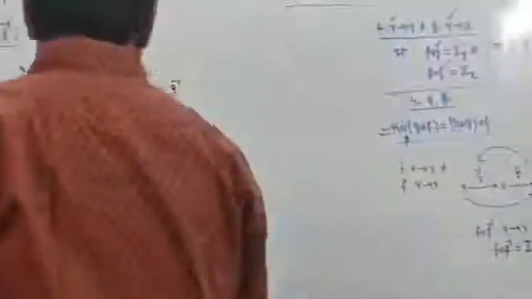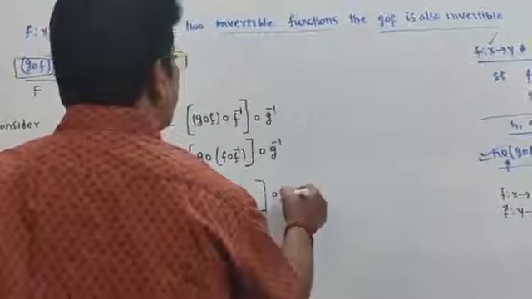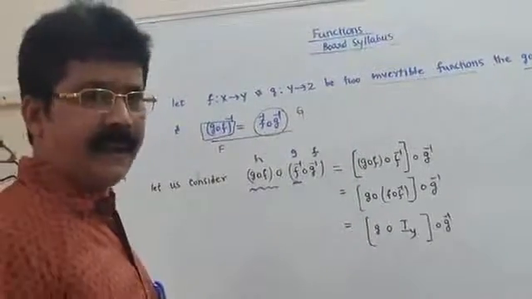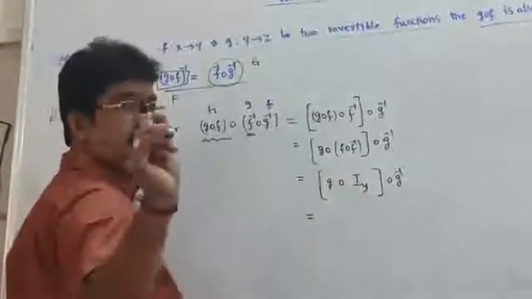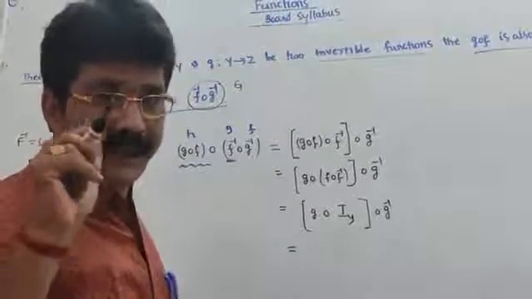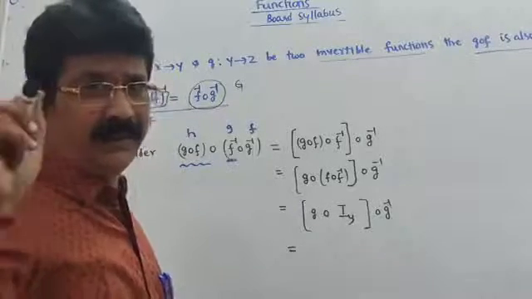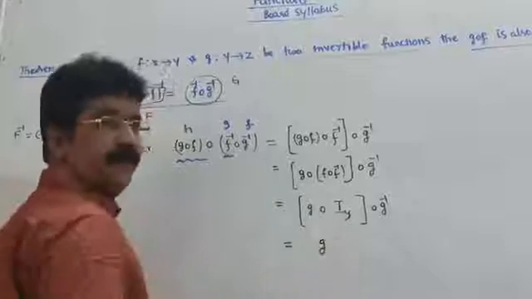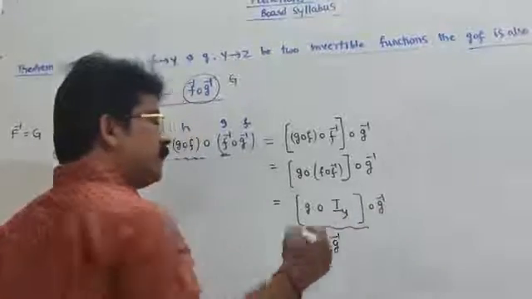So therefore it can be g circle I_Y circle g inverse. Did you understand? I_Y means nothing but the identity function. So that is equal to g circle I. In matrices, I into capital A equals capital A, the same matrix. I into any matrix equals itself. In the same sense, g circle I equals g, the same function. So this total bracket gives g circle g inverse.